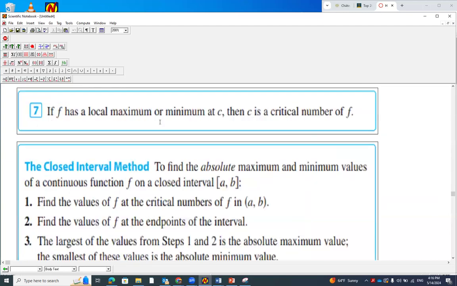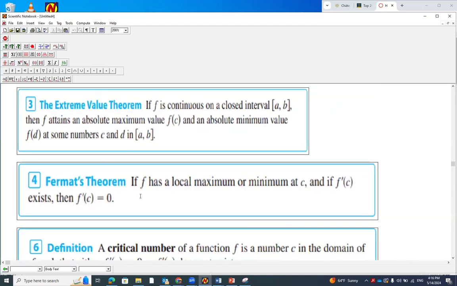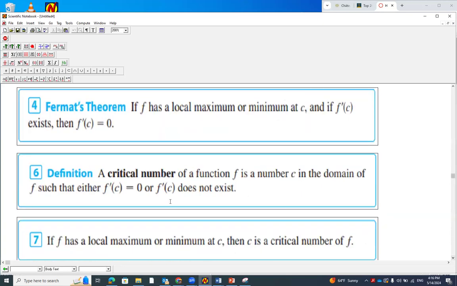So the case where the derivative does not exist will not apply here. We will only have critical numbers where the first derivative equals 0. And of course, critical numbers are candidates for local max and local min.